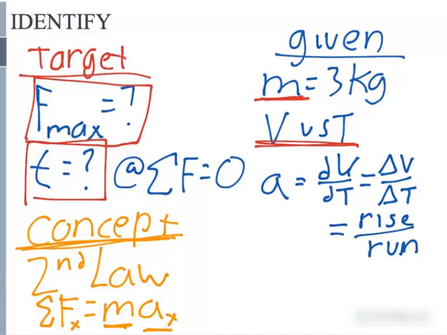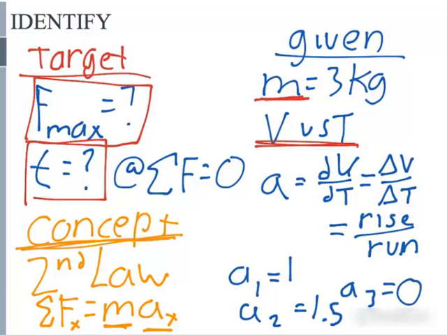So the three accelerations that we were given, A1, A2, and A3, are going to be 1, 1.5, and 0.